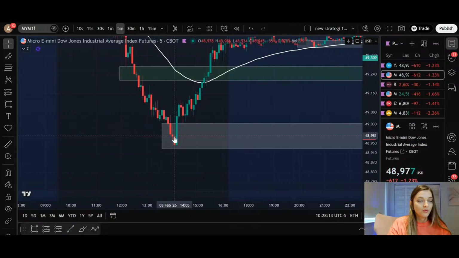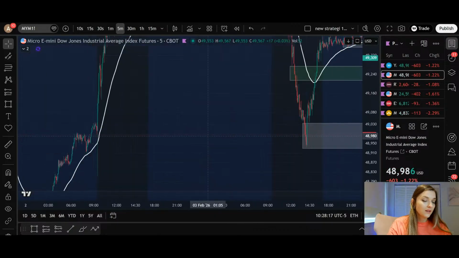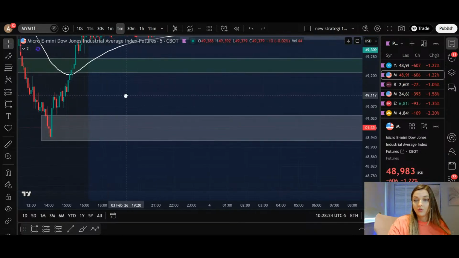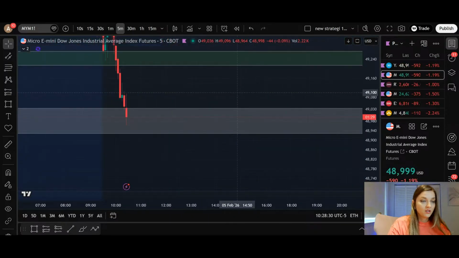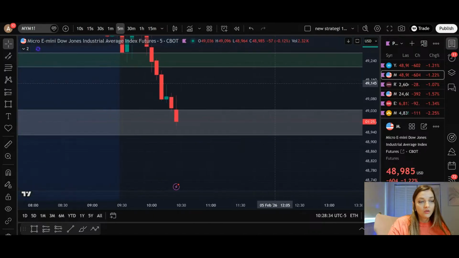Because sometimes if you narrow it a lot, the price doesn't actually touch it, so you miss an entry. So when it's a little bigger and you see a rejection, it doesn't matter if the rejection happened at the bottom or at the top. If I see it, I'll go in.